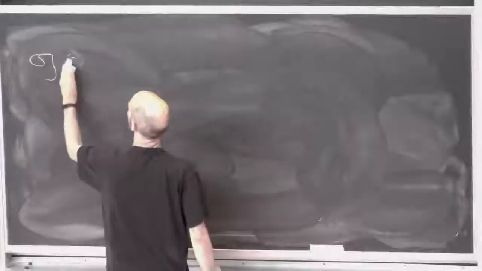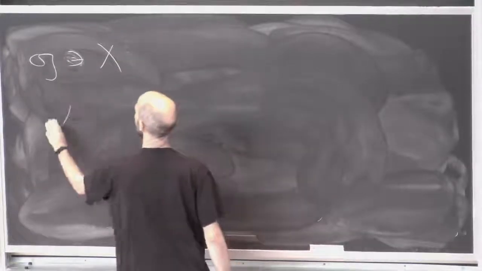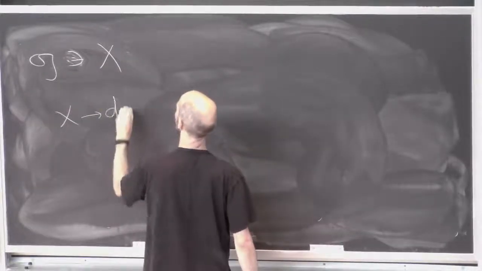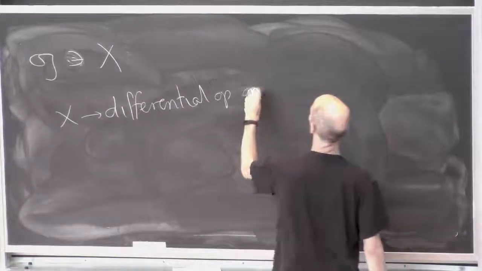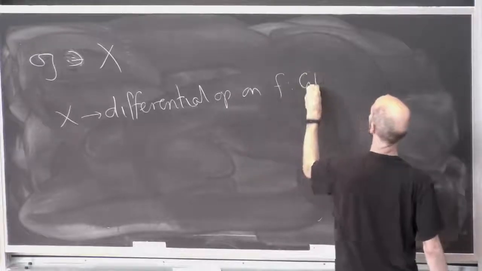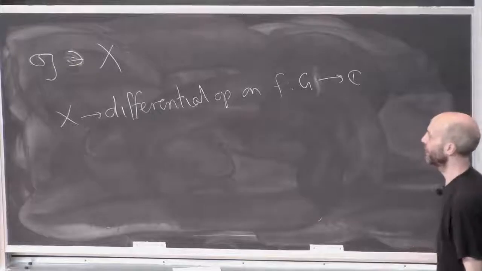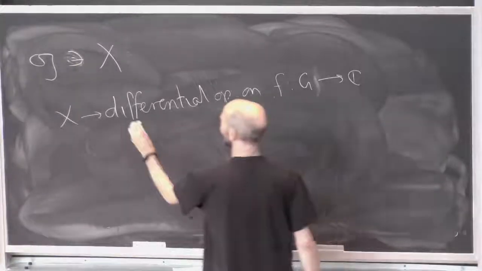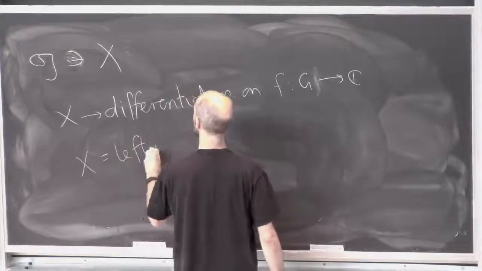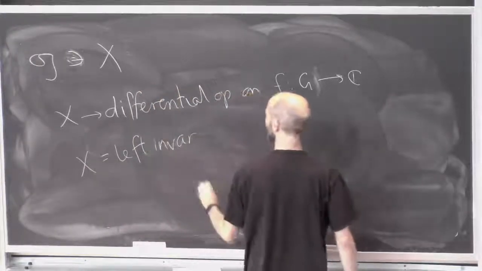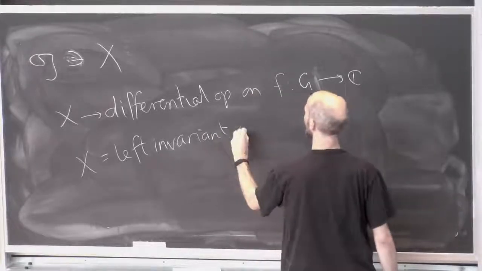If X is in the Lie algebra of G, X gives us a differential operator on these functions from G to C. But it's not a random differential operator. I think it's left invariant. Is it a vector field? I never know what vector fields are. I think X must be a left invariant differential operator.